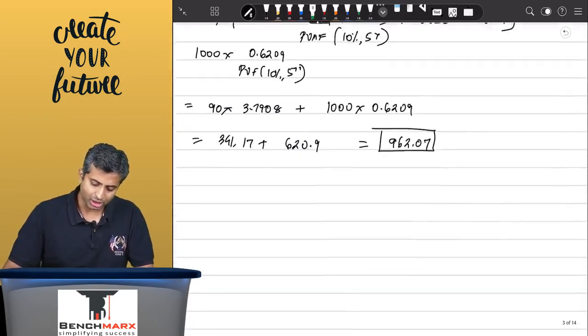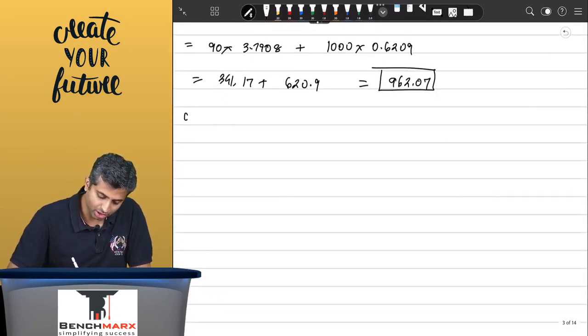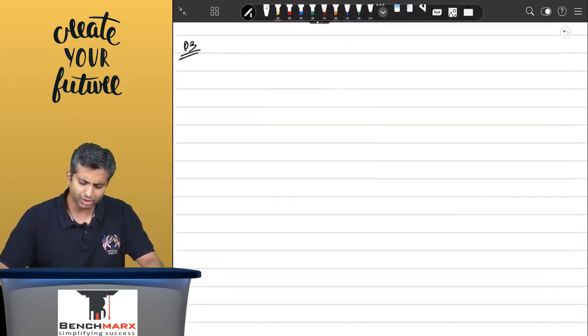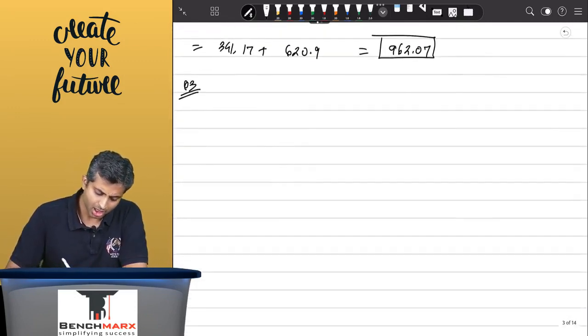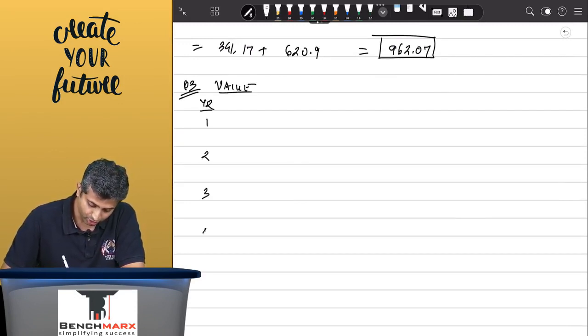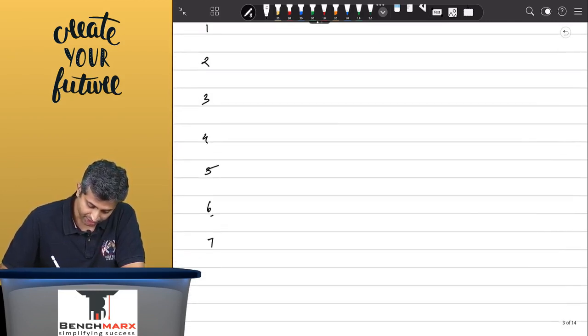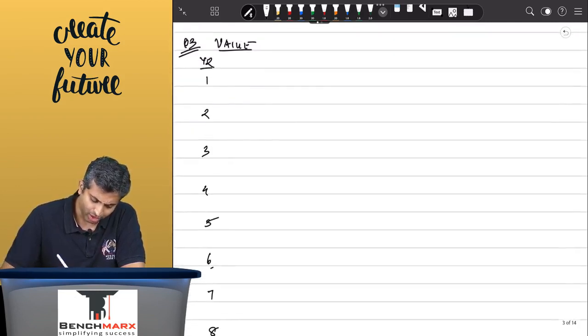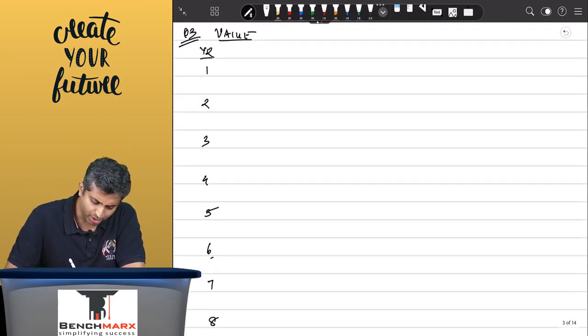If I look at question number 3, again, the value of this bond will be the present value of future cash flows, and here the future cash flows will go on for 8 years. So this is year 1, 2, 3, 4, 5, 6, 7 and 8. What are the values? The values over here will comprise of the coupons, but at the same time they will also comprise of the principal payments.